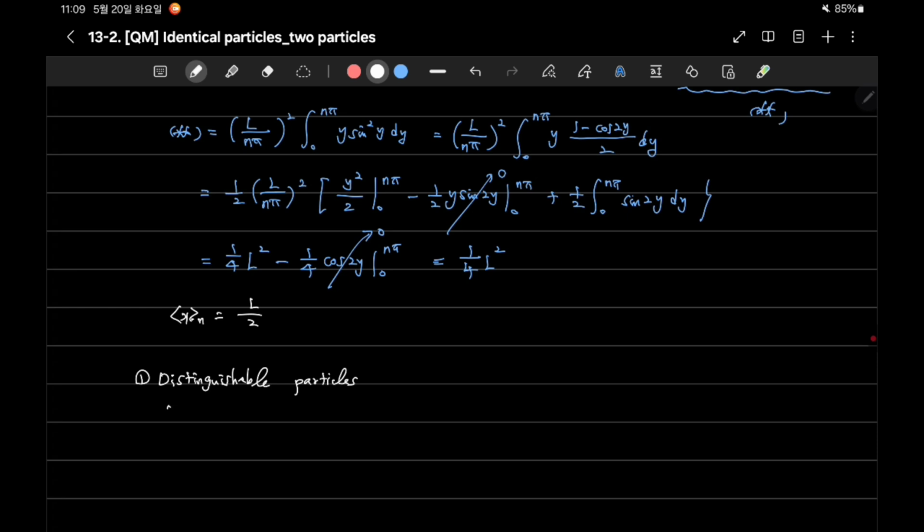For distinguishable particles, the dispersion of x1 minus x2 squared is x squared n plus x squared k minus 2 xn xk.